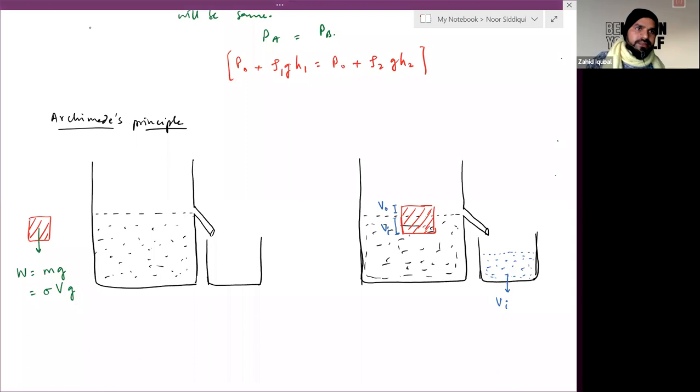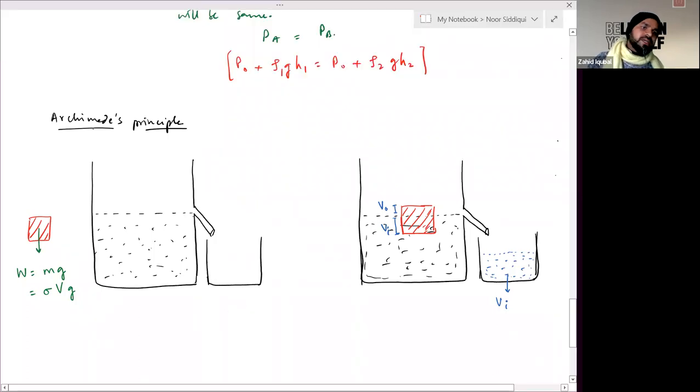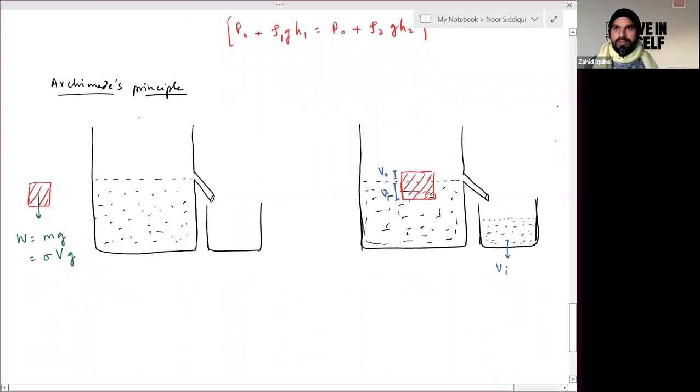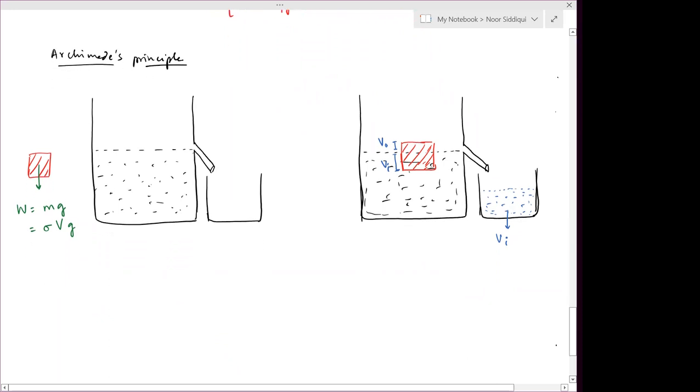Why is there a decrease in weight? This is defined by Archimedes' Principle. It states that when a body is immersed in a particular fluid, partially or completely, it experiences a net upward thrust, called buoyant force, which equals the amount of liquid displaced by that object. Is it clear? No, sir, I didn't understand.